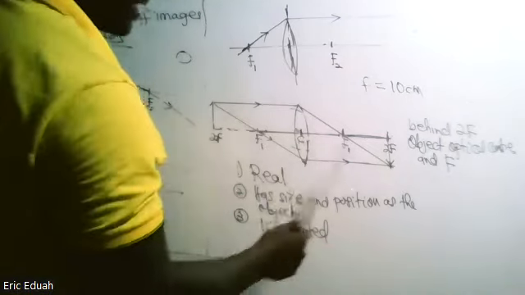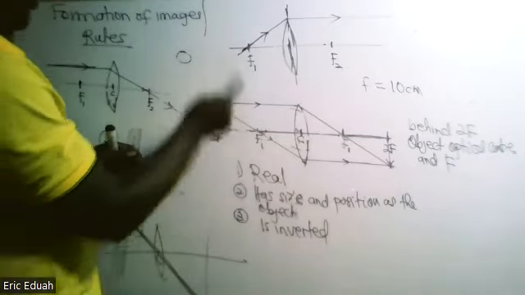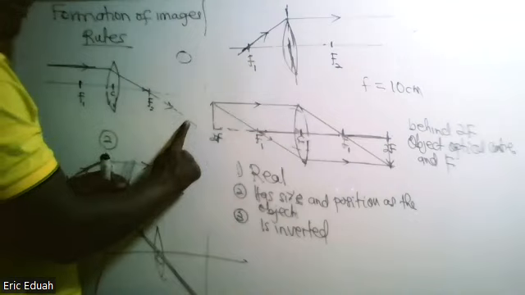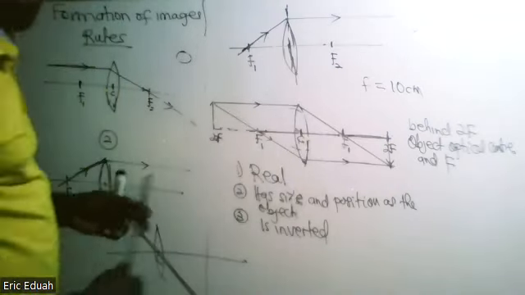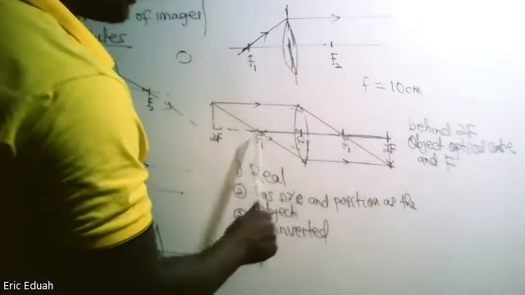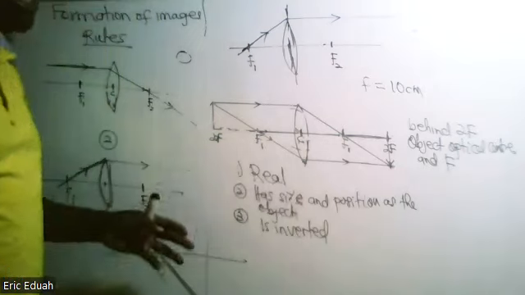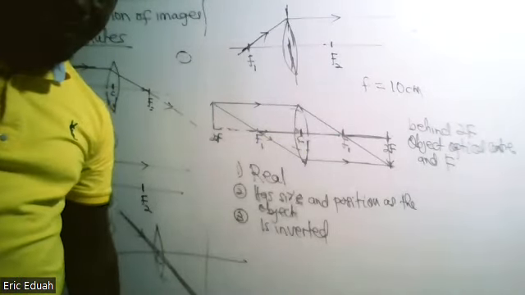So place the object behind 2F. Okay, this is 2F. Place the object behind 2F. Use a ray diagram to describe the nature of the image formed. When you finish, place the object between C and F and use the same procedure to describe the nature of the image formed. That's what I said.